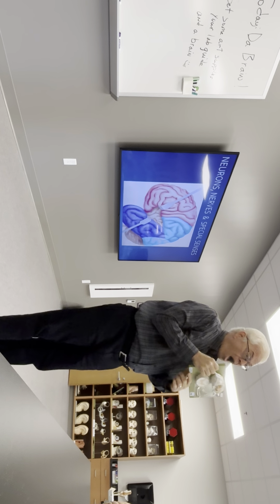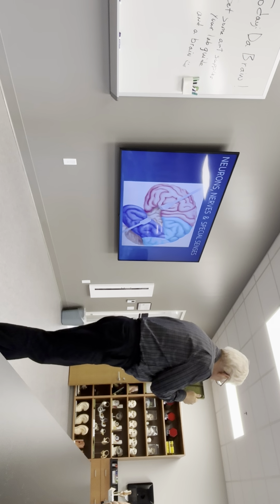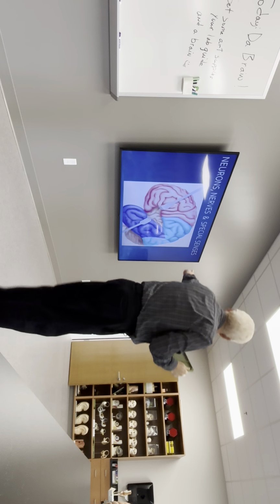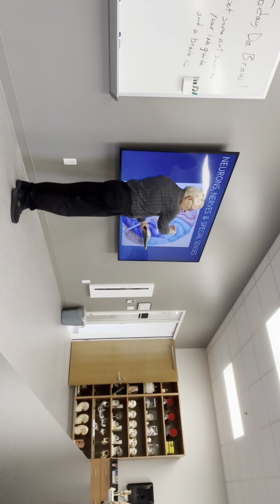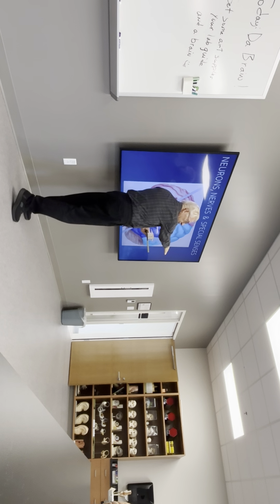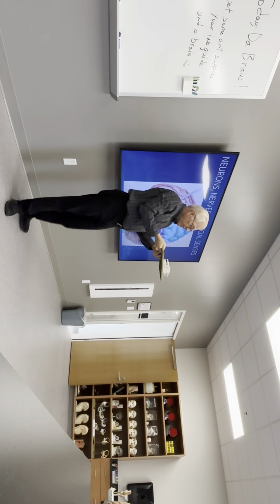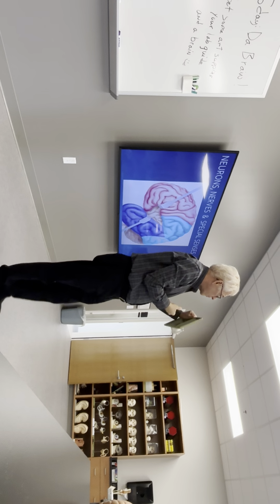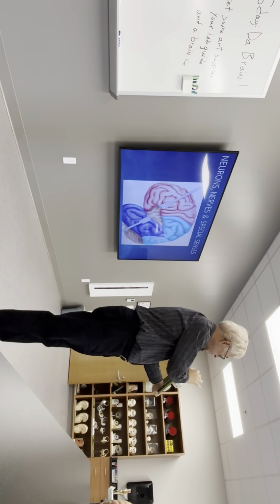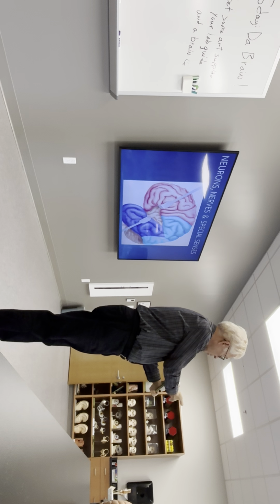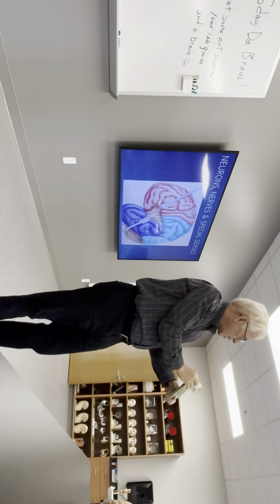Sensory. And that makes these guys in the front motor. You mean just like this? Yeah, exactly like this. Motor in the front, sensory in the back. Your spinal cord is an extension of your brain. Are you with me? Back, front. Alrighty? Sensory, motor. Cool?